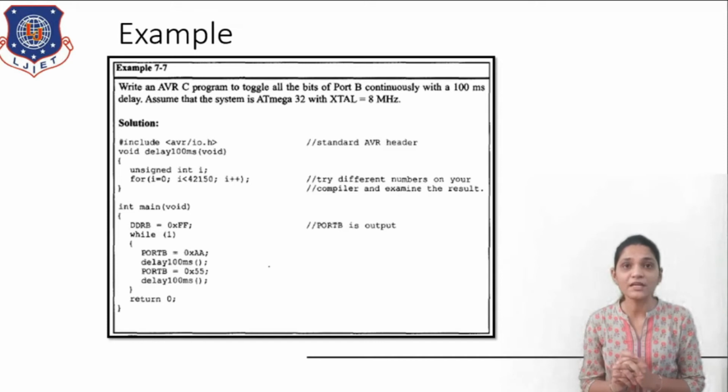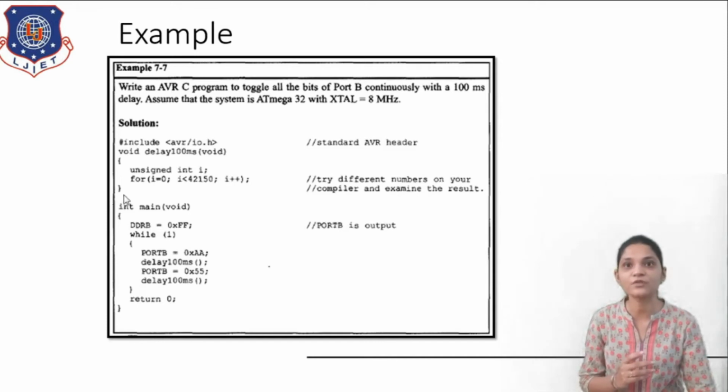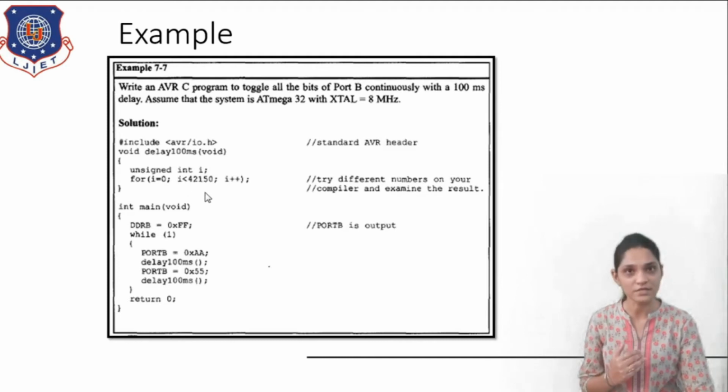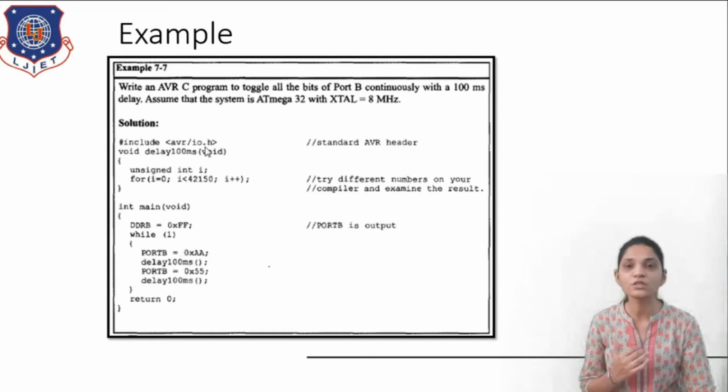Depending upon this frequency we get some count, for example 42150, and depending upon that we will create the delay. For this, first we have to include the file avr/io.h, the header file for this AVR controller. Then we can use the functions. First we create the delay function, and then we call this delay function inside the main function.